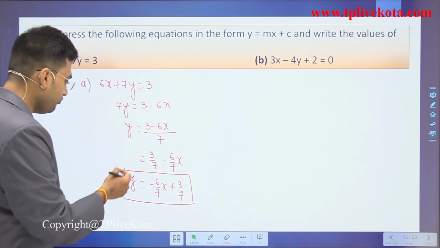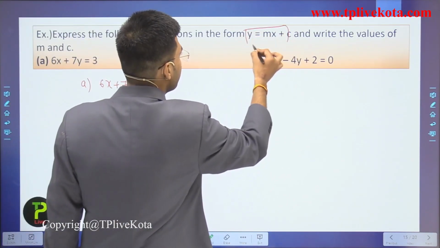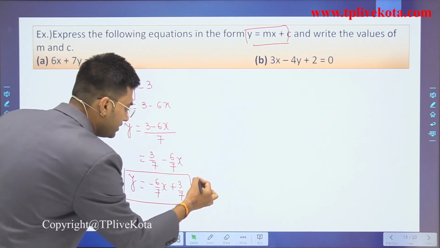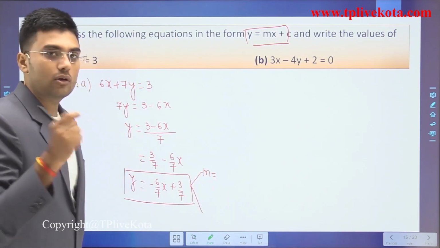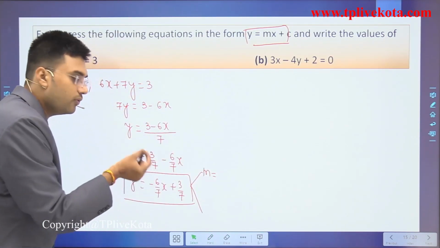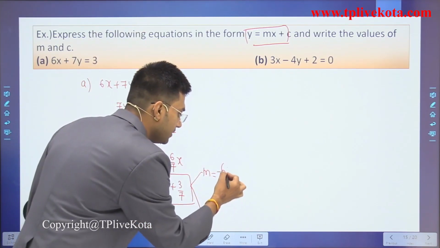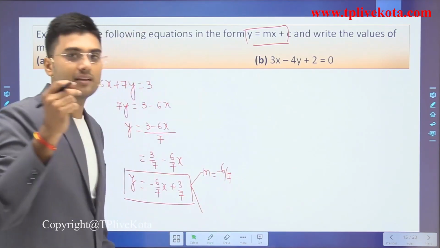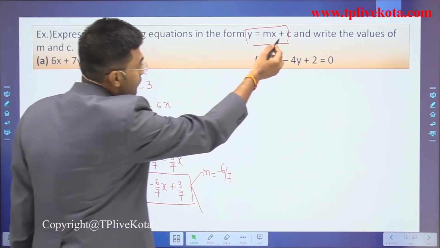And students, if we compare it with y is equal to mx plus c, then for this equation the value of m is what? M is the coefficient of x, and here the coefficient of x is what? It is minus 6 by 7. So the value of m is minus 6 by 7. Clear? Now the value of c is what?